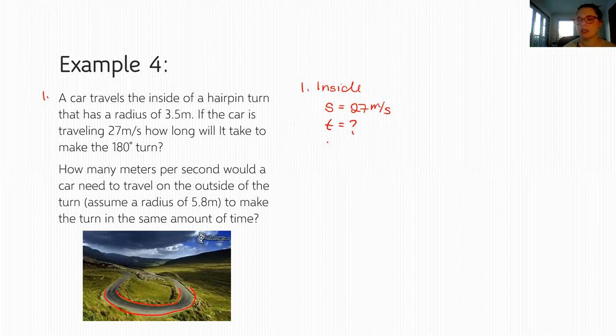And speed is related to distance and time. So, well, how far is this car traveling? We need to calculate it. So that's our first thing. We're going to find distance. This car travels half a circle. So the distance traveled is the circumference of a circle, which is 2 pi r, but it's divided by 2 because it goes around a half a circle.